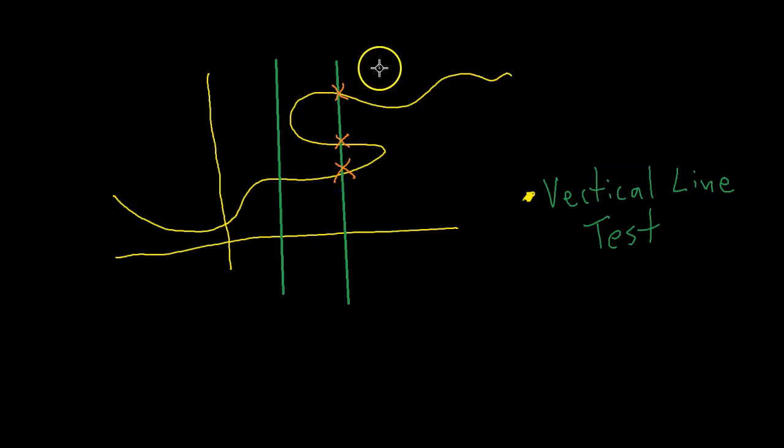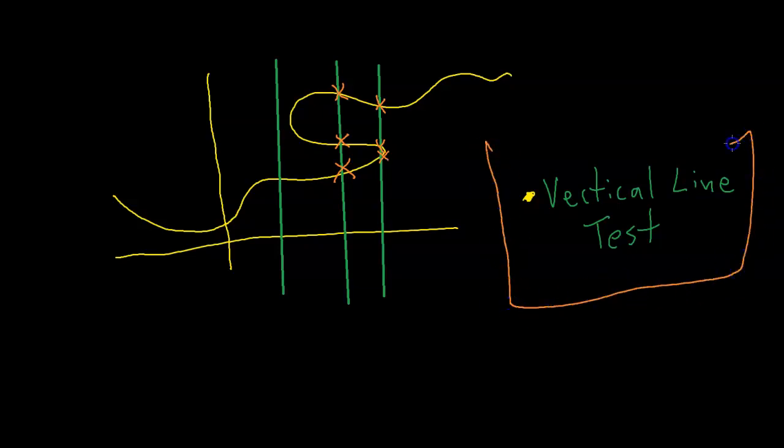If I place a line right here, well, how many times does this vertical line cross the graph or intersect the graph? It still intersects it 3 times in this case, right? So that's how we can know that this graph is not a function. Any function that you write as a graph, the graph has to pass the vertical line test for that graph to actually be a function.